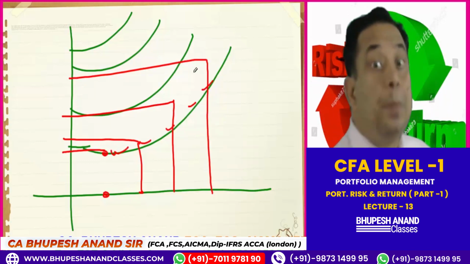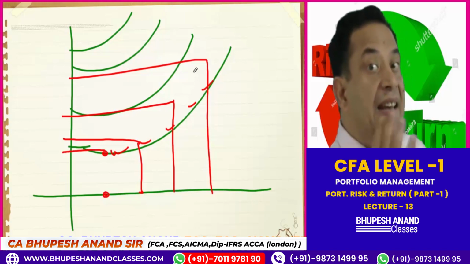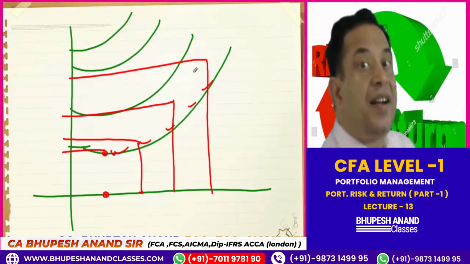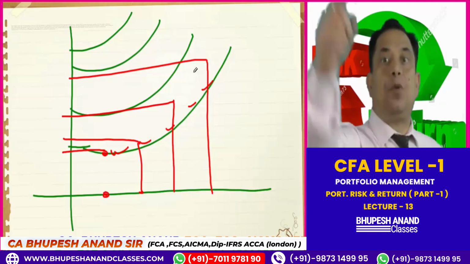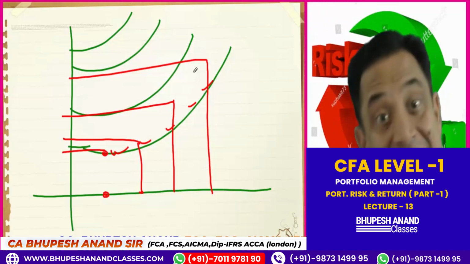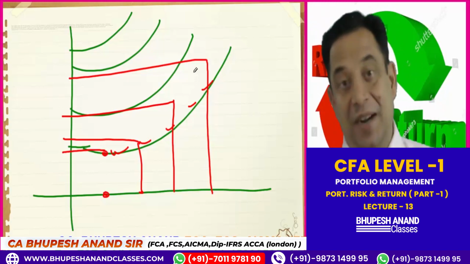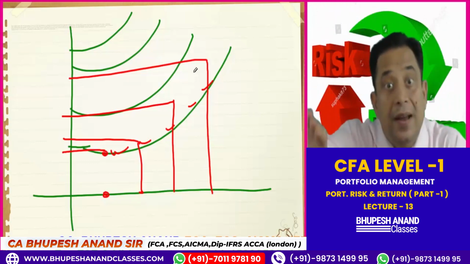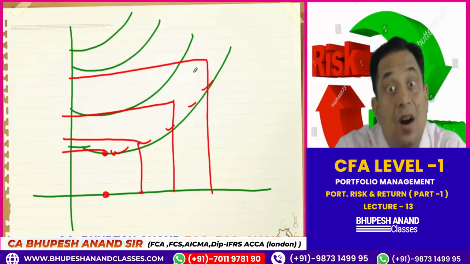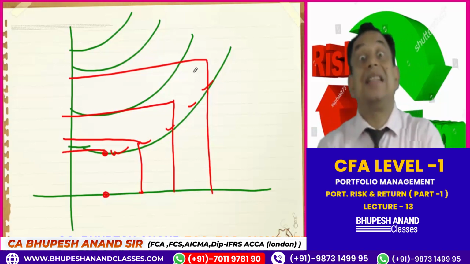Indifference means that when an investor is indifferent at any point of that curve, that is named as indifference. You're getting my point? And if we join these points, it will have the shape of a curve. So that's why it is named as indifference curve.